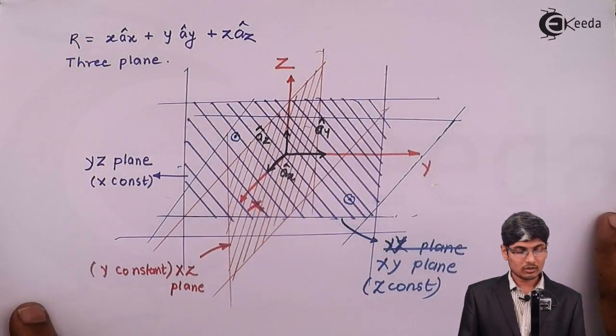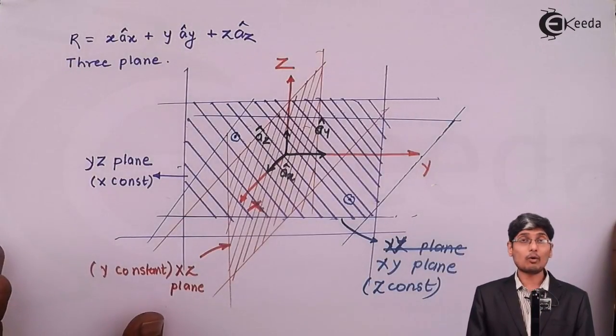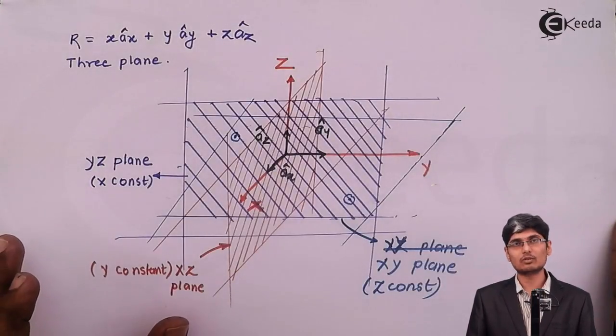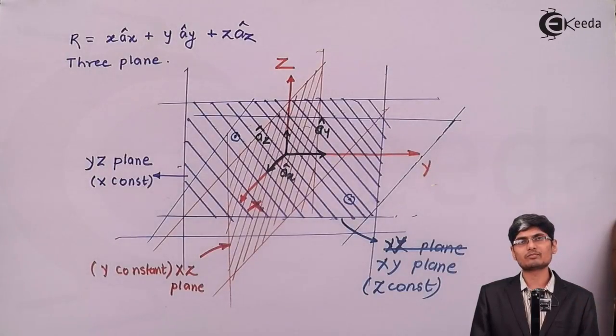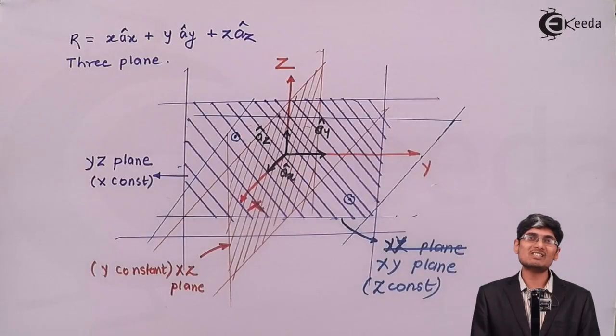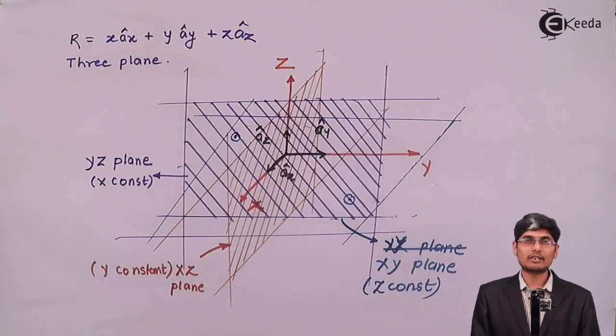This is all about a rectangular coordinate system. The point must be denoted with respect to X, Y and Z units, very similar to our normal school XY coordinate system. The only thing is one more parameter is added, which is Z, which gives me the height. I hope you have understood the first coordinate system, which is nothing but a rectangular coordinate system or Cartesian coordinate system. Thank you.